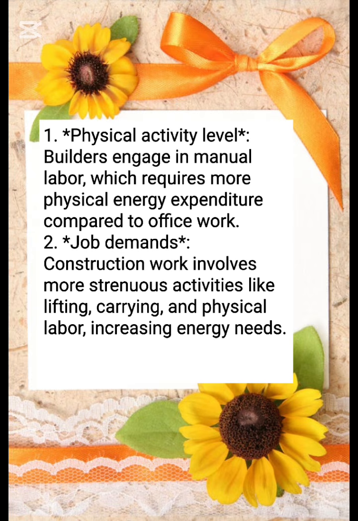The builders engage in manual labor, which requires more physical energy expenditure compared to office work, and also construction work involves more strenuous activities like lifting, carrying, and physical labor. This is going to increase the energy needs. So that is what we are going to explain on B part 1.